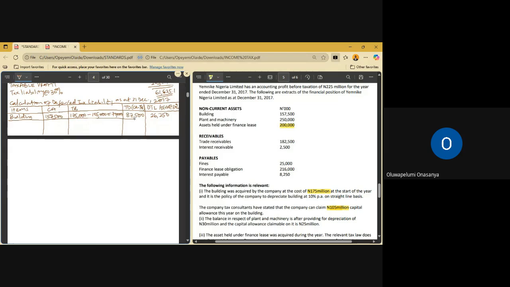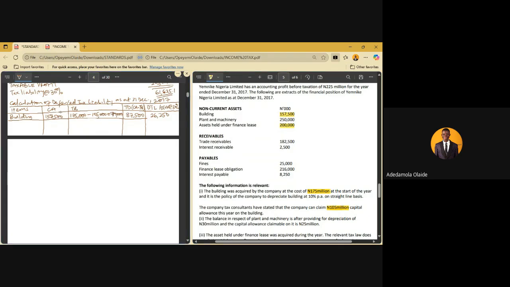No, sir. I repeat it, sir. Carrying amount has already been given in the question, which is cost minus accumulated depreciation. The tax base is just cost minus capital allowance, which we've done before. In this case, cost is 175 million and capital allowance is 105 million. If we deduct it, that gives us 70 million.